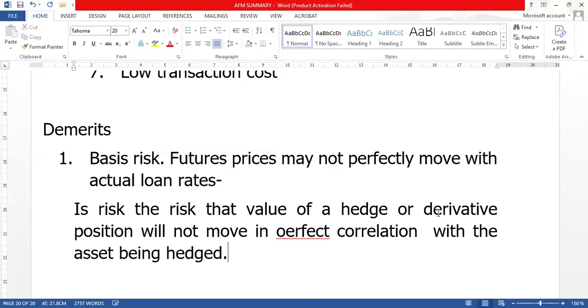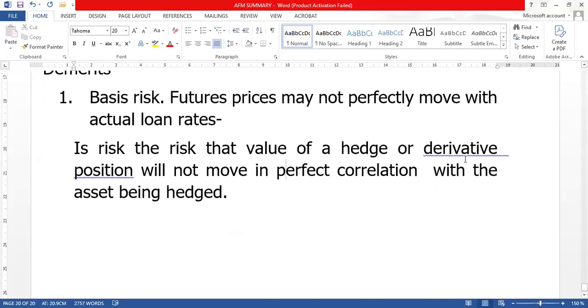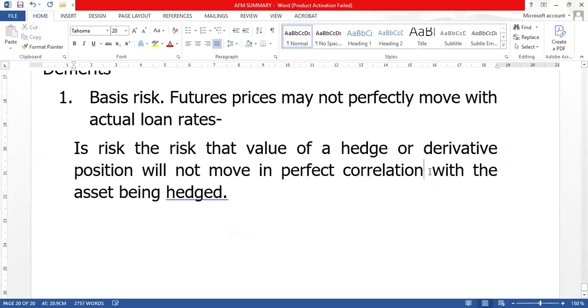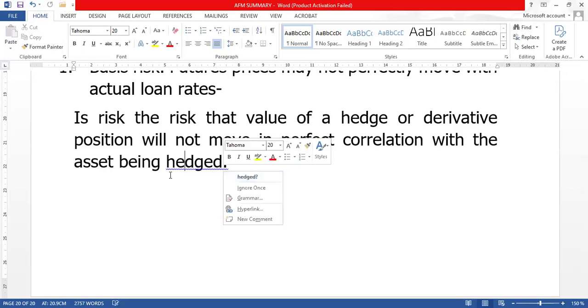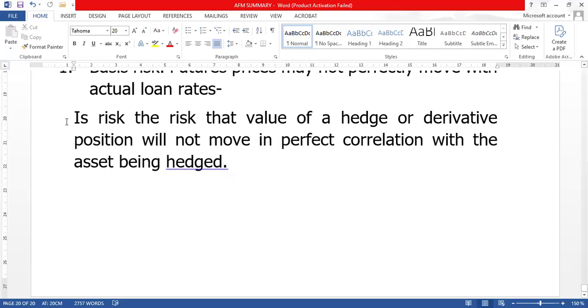So that is basically the definition of a basis risk. It's the risk that your derivative position, or hedge position, will not move in the perfect direction which you predicted.